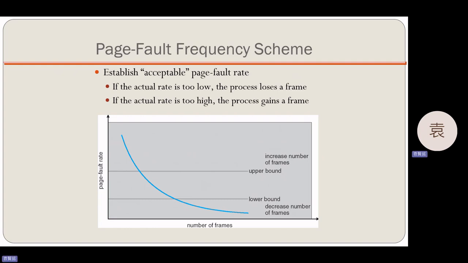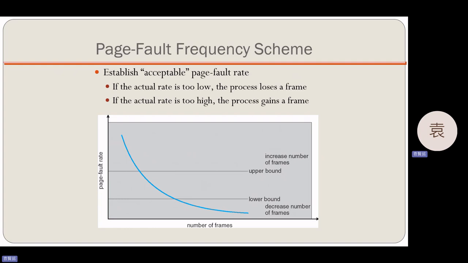If the replacement algorithm you used does not have Belady's anomaly, then giving a process more physical frames will reduce its page fault rate. So as long as a process's page fault rate is higher than the upper bound, you give it more physical frames.